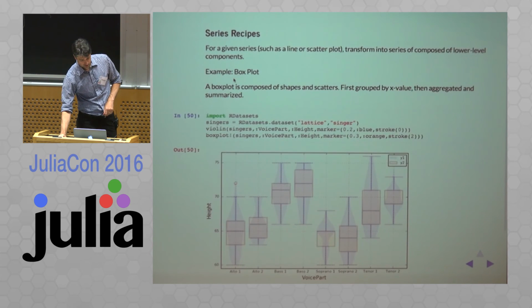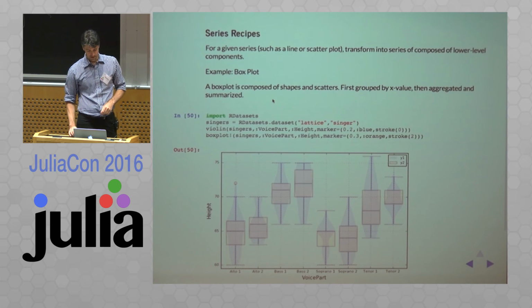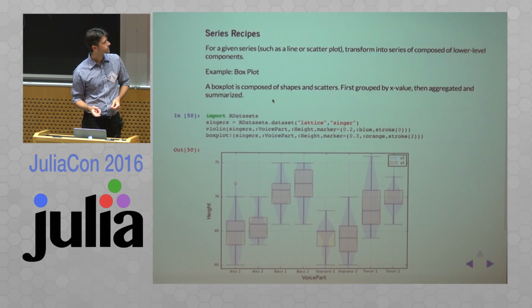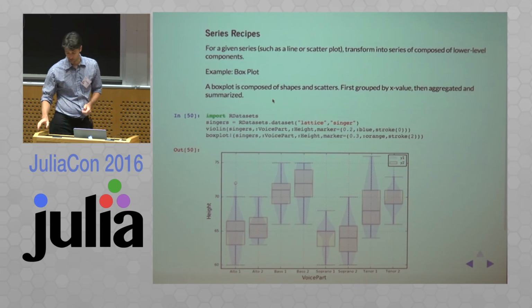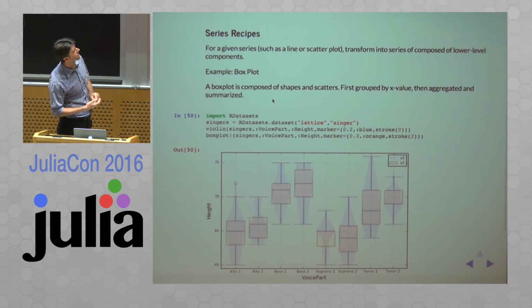I should have put the code up there, but if you go to Plots.jl, in the source directory, /recipes.jl, you can find the underlying code for these just to see what they look like. But the concept is you're taking in your data.